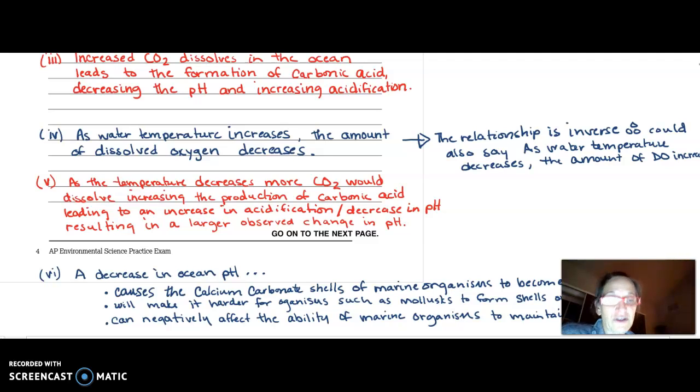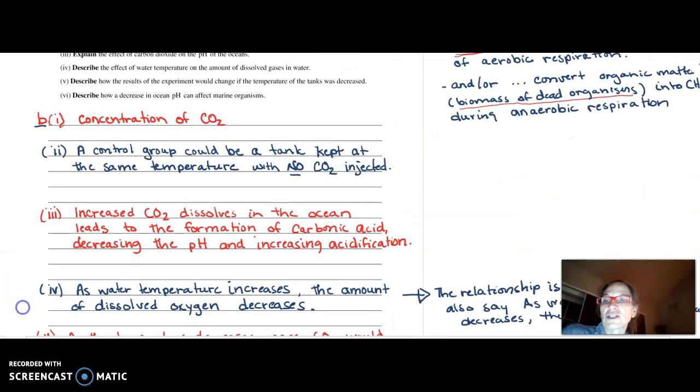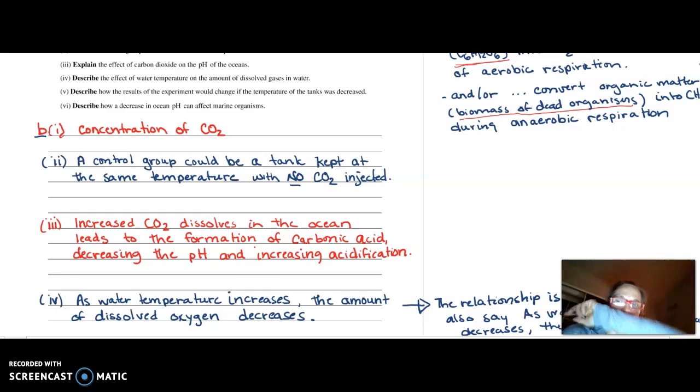As the temperature decreases, more carbon dioxide would dissolve, increasing the production of carbonic acid, which would lead to an increase in acidification, or a decrease in pH, resulting in a larger observed change in pH. Because if you go back to the question, it's asking how the results of the experiment would change, and our results were that change in pH.